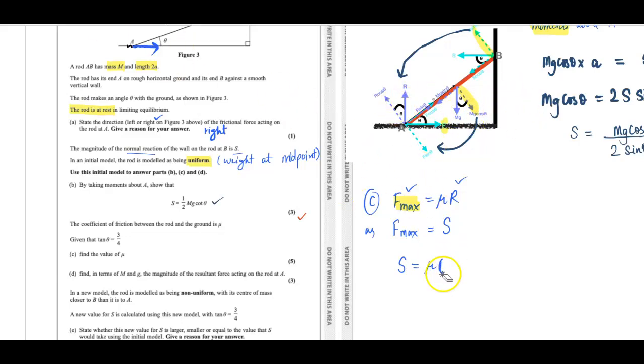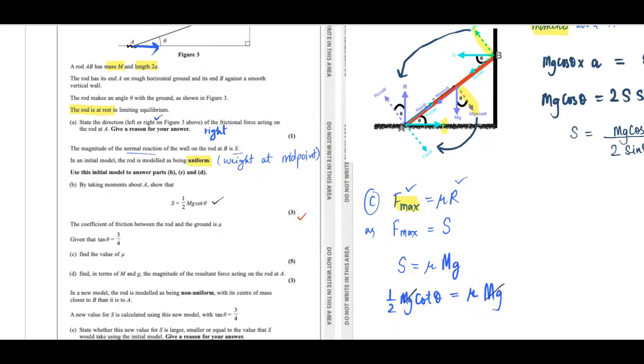So we can say mu times mg. Correct? Mu times mg. S we found was half mg cot theta, that is equal to mu mg. So mg to mg cancelled.